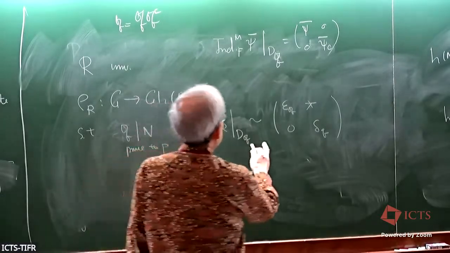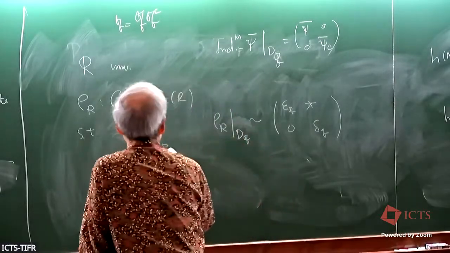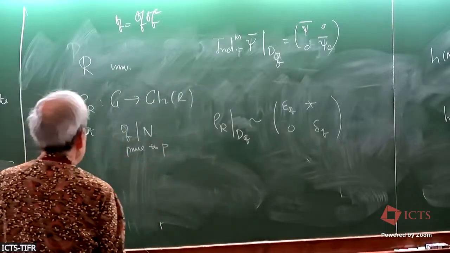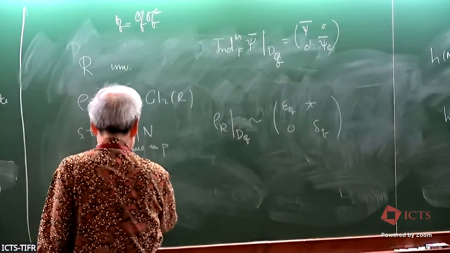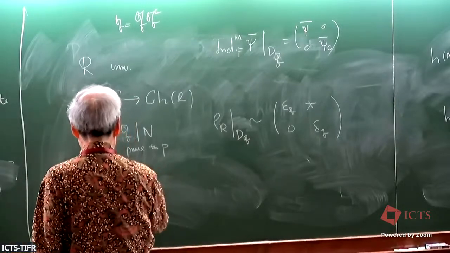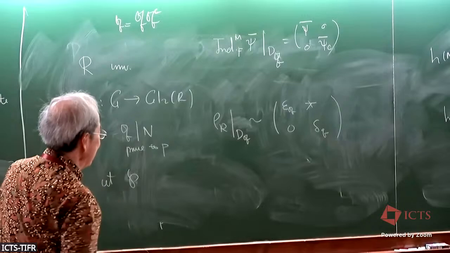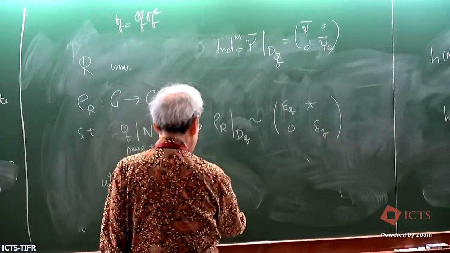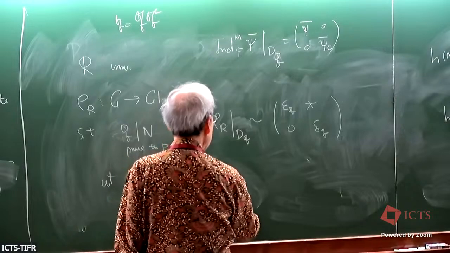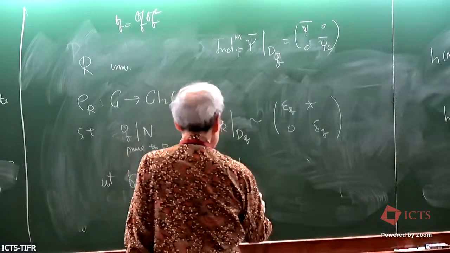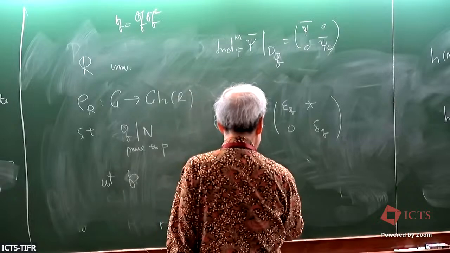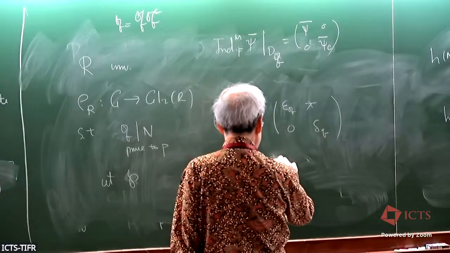And if this is the case, then basically the deformation condition tells you that it factors through. At P, so Gothic P, then this rho_R, or any deformation, is epsilon_P, delta_P, 0, star.